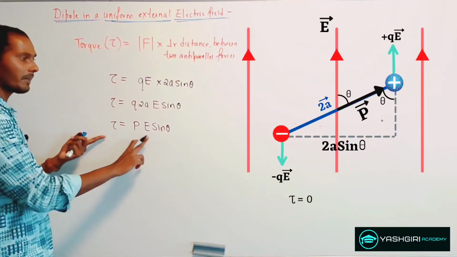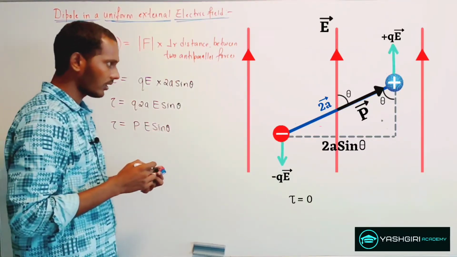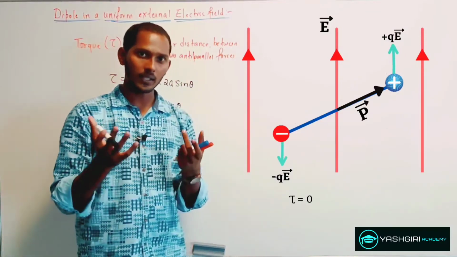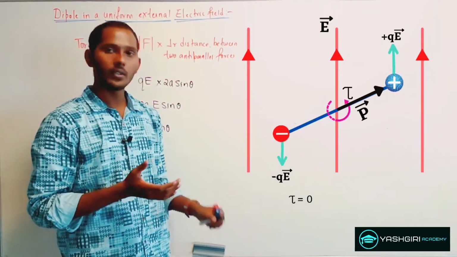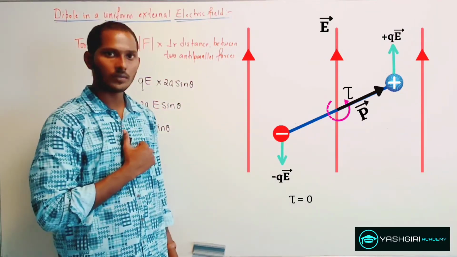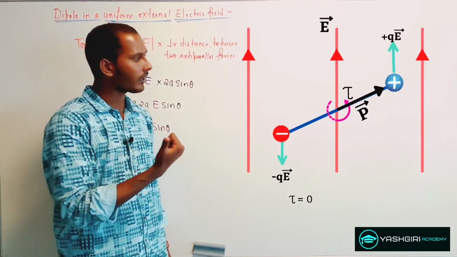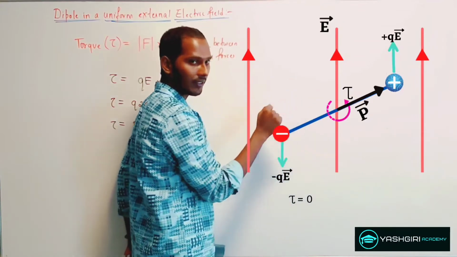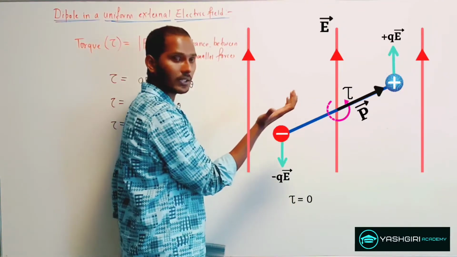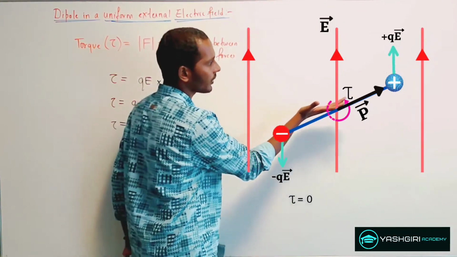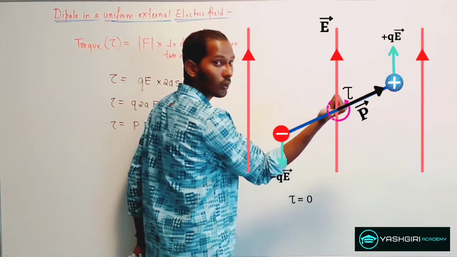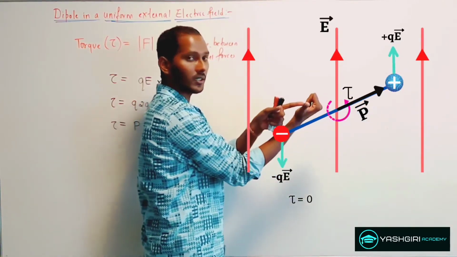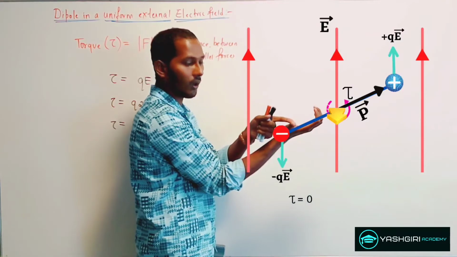Now this is in the magnitude form, but the torque is a vector quantity. If you want to know the direction of the torque, it is exactly perpendicular to both the dipole moment and the electric field. So the direction will be pointing outward. If you place your hand over here and curl your fingers from P towards E, that gives you the direction of the torque.